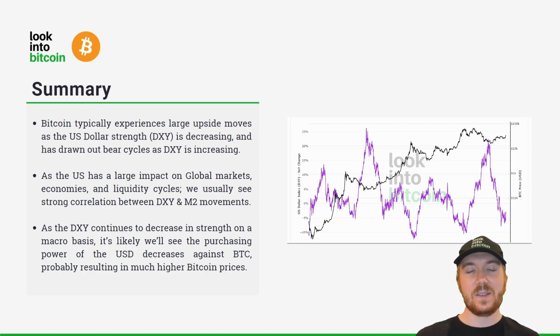The M2 money supply is just the total valuation of all cash and cash equivalents in circulation. And as the DXY continues to decrease in strength on a macro basis, it's likely we will see the purchasing power of the US dollar decrease against Bitcoin, like we saw with the amount of Satoshis $1 could buy a few years ago compared to now. That is likely going to continue to decrease massively.